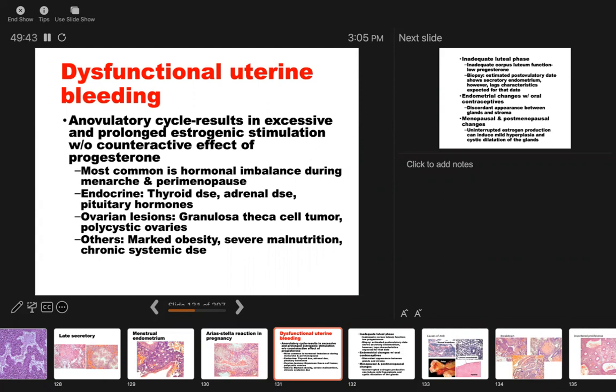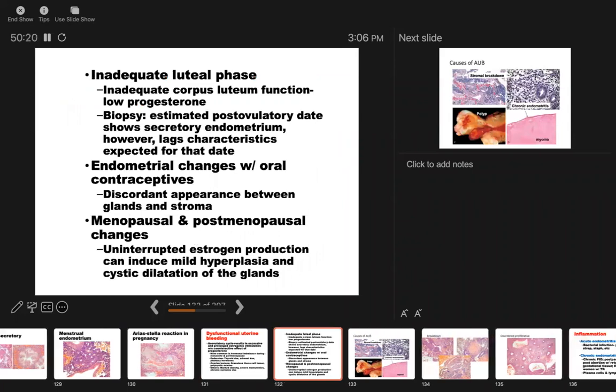Dysfunctional uterine bleeding is the medical term for bleeding without an underlying organic or structural cause. Now, I have already discussed with you the normal cycle. There are cases of inadequate hormonal balance brought about by either endocrine problems, ovarian lesions, or metabolic problems. It can give rise to abnormalities and lead to AUB.